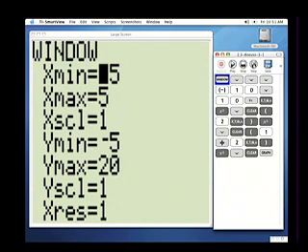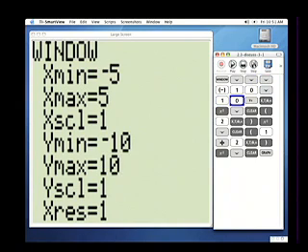And so now we can, no, actually we do want to change these settings. We want to change them, and so we're going to move down and change the settings for the minimum for y to be -10. And then move down for the maximum setting for y to be 10.